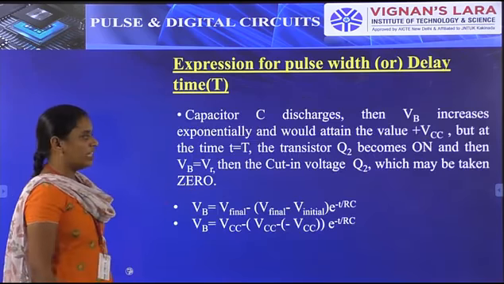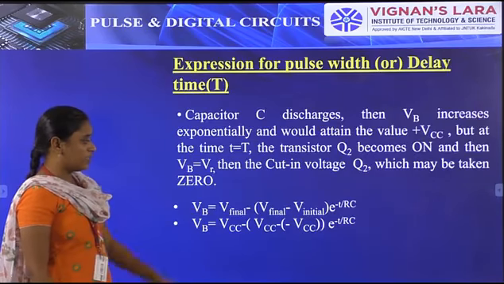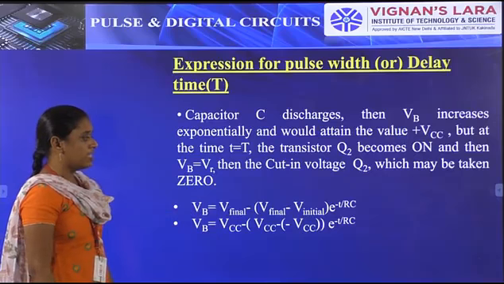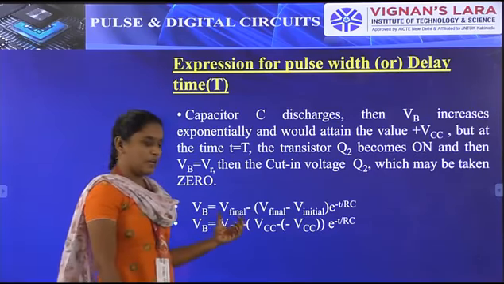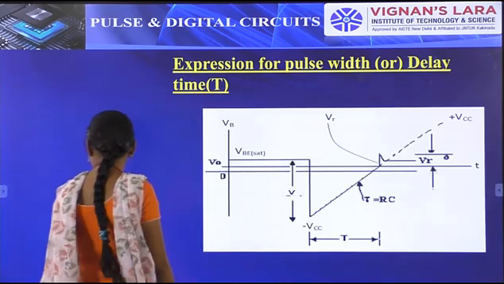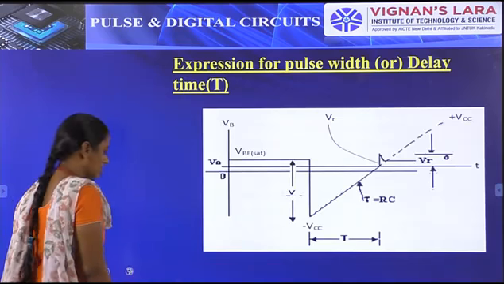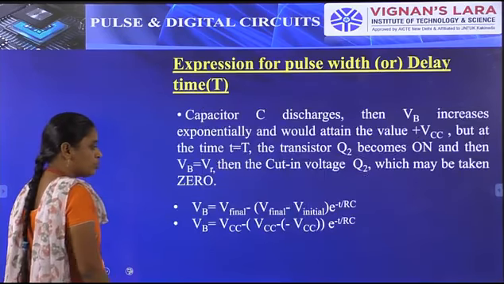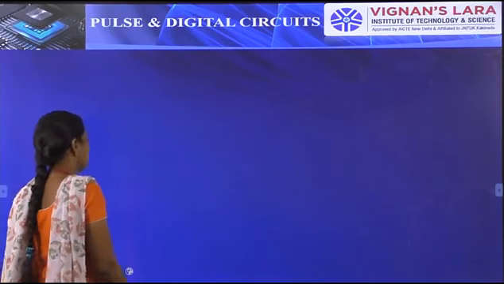Then VB is equal to V final minus V initial into e power minus t by RC. The V final value is VCC and the V initial value is minus VCC. From this we solve for VB. So what is VB?